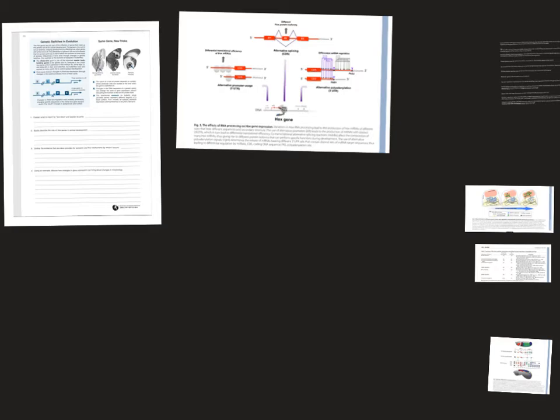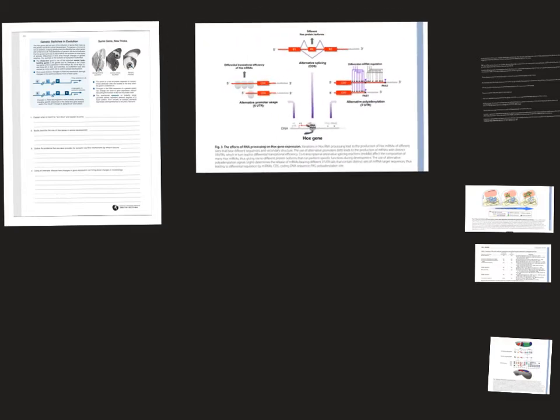You can add a long non-coding RNA that's going to bind to the transcription factors and slow down or stop the transcription of the mRNA. Or you can even create these things called microRNAs that bind to the mRNA and degrade it, break down the mRNA, or bind to the mRNA and don't allow it to bind to the ribosome, so you never make a protein.